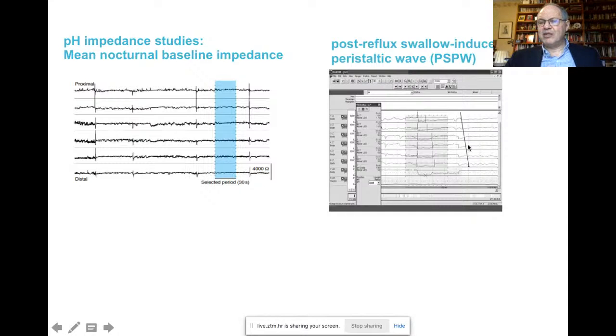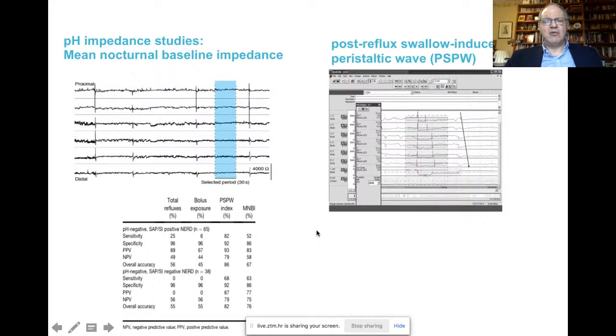In normal subjects, this is very common. After each physiological reflux, there is a reflex swallow that corrects the acidity, and that is why a normal subject doesn't have symptoms or esophagitis. In patients with reflux disease, this reflex doesn't work very well. We are still investigating the reasons why, whether this is secondary to mucosal damage or a primary phenomenon that provokes mucosal damage.